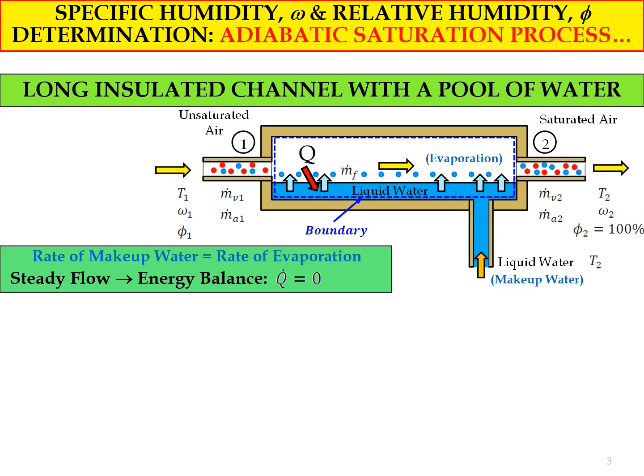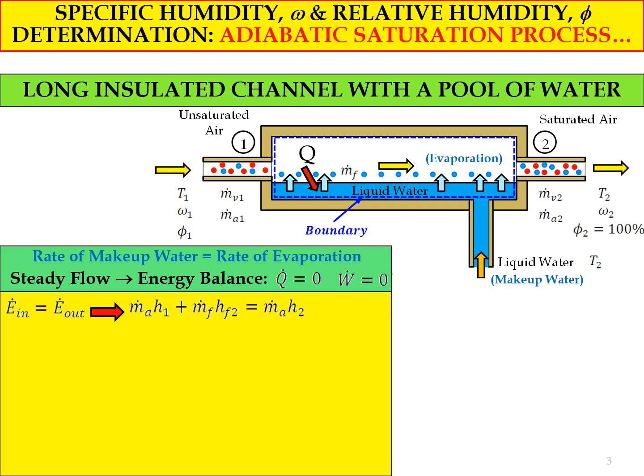That's why W dot also equals 0. So we know that the energy balance equation will be E in dot minus E out dot. Implementing it for the adiabatic saturation process, we will get ma dot multiplied by h1 plus mf dot multiplied by hf2 equal to ma dot multiplied by h2. So the energy equation only involves the mass in and the mass out.